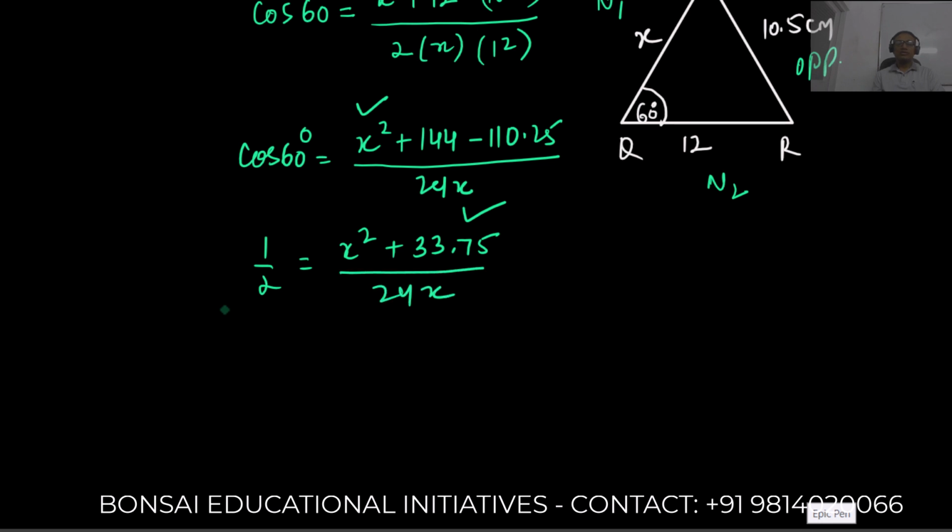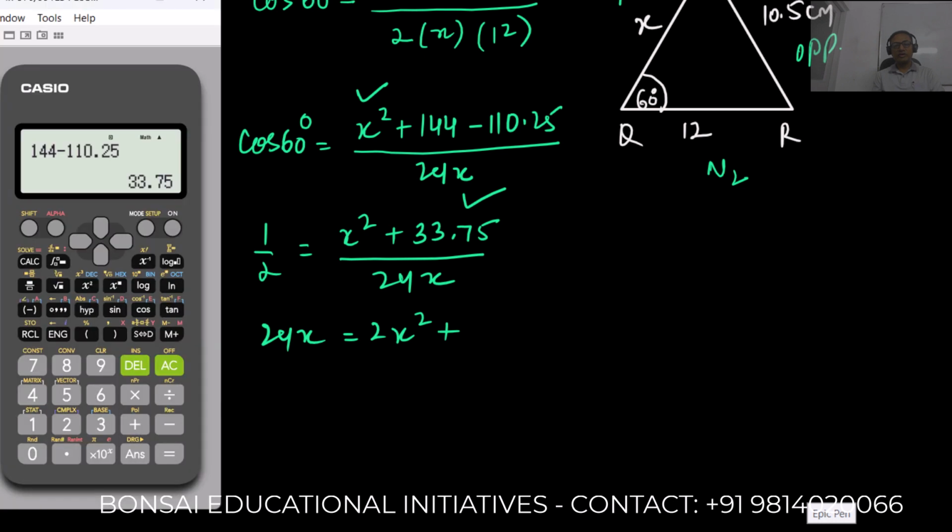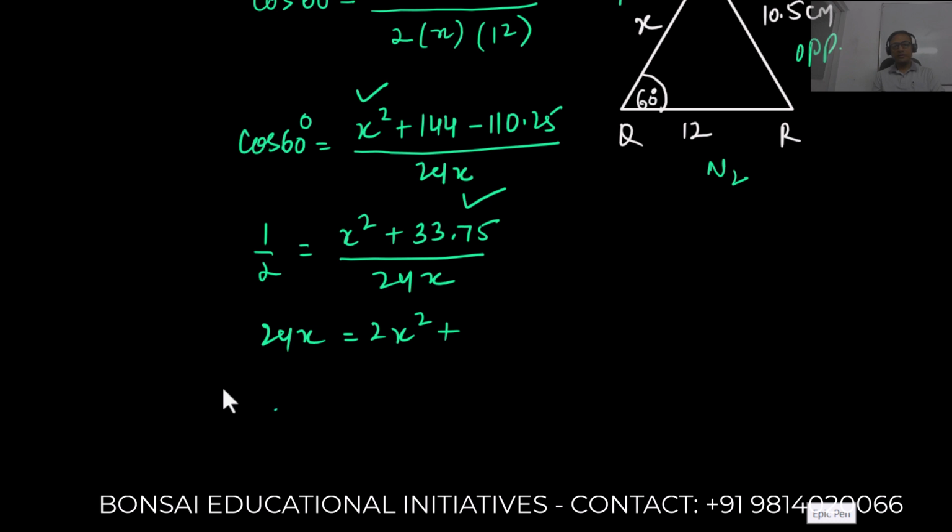So when we have x square and x term all together, then we are going to have a quadratic equation. So what is going to happen here? 24x, and it comes out to be 2x square plus 33.75 into 2. This comes out to be 67.5. Cross multiply.